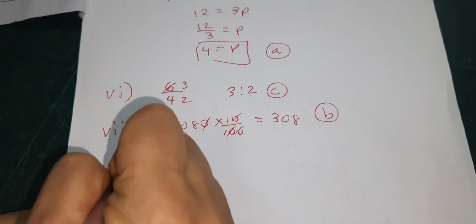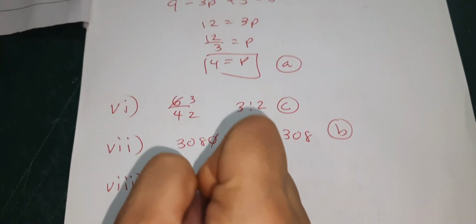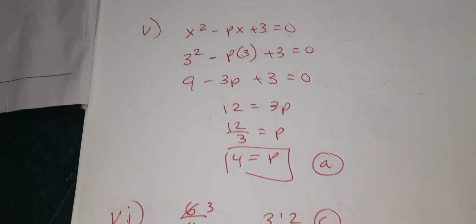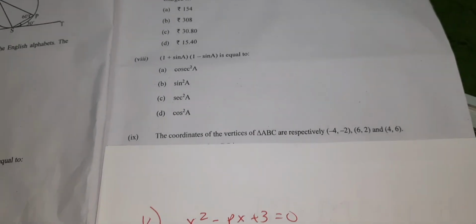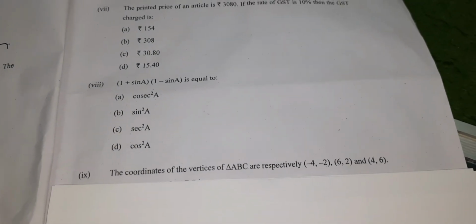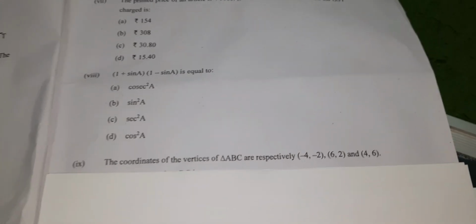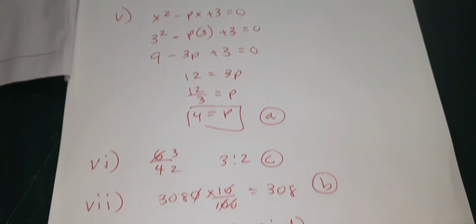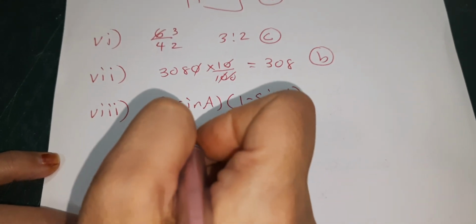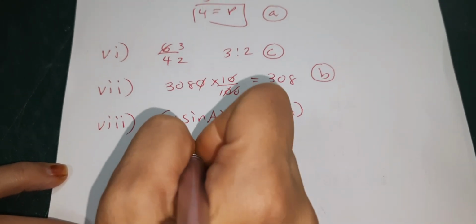Question 8. (1 plus sine A) into (1 minus sine A) is equal to, now simply if we just multiply this, remember this is (A plus B) into (A minus B), which is A squared minus B squared, if you remember.